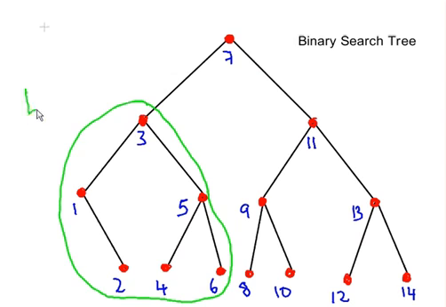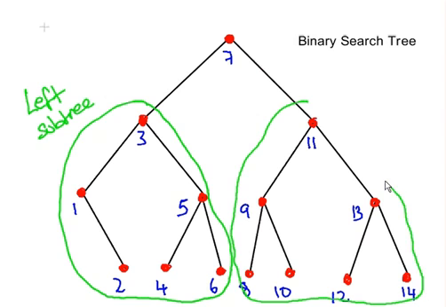So we call this the left subtree. Equally, we would have the right subtree as well, which we would have starting with node 11, and all descendants of node 11, and there we have them there. And we would have the right subtree.